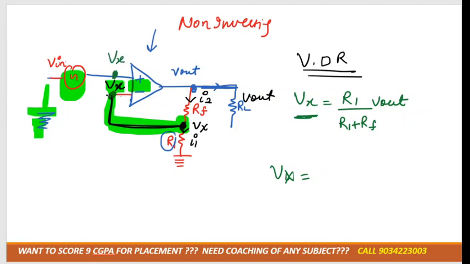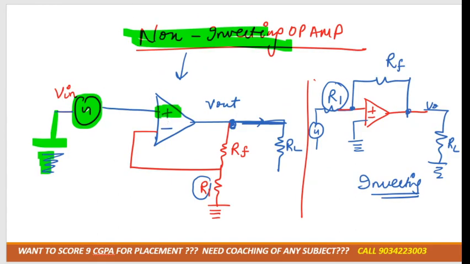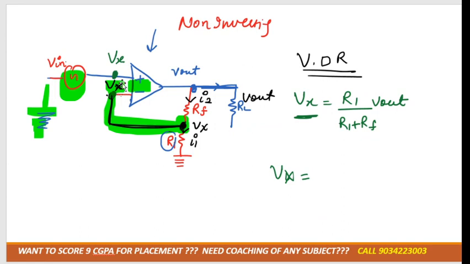Because in the op-amp there is a concept of virtual ground. In the virtual ground, what they said is the voltage at the positive terminal would be equal to the voltage at the negative terminal. Okay, if I give a 2 volt supply here, then the voltage would be 2 volt over here. Clear? So if there is a Vx over here, then at this point also Vx is there.